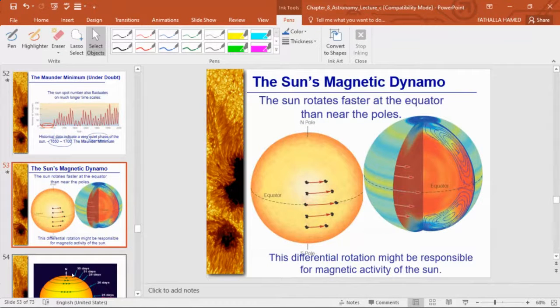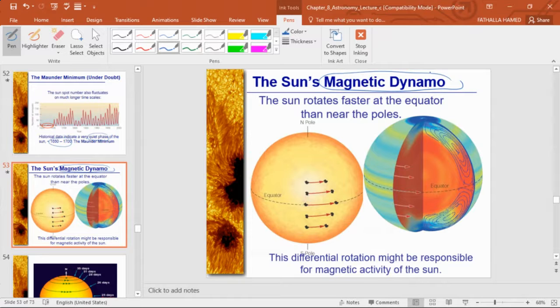So how does the sun produce its magnetic field? And we call here the magnetic dynamo. Any of you who rides a bicycle, especially at night, you have a headlight in the front, use something in the back wheel that we call a dynamo, and that dynamo basically produces electricity for you.